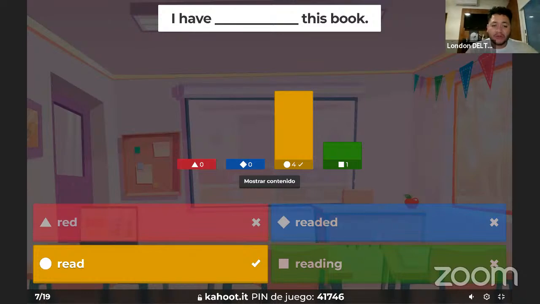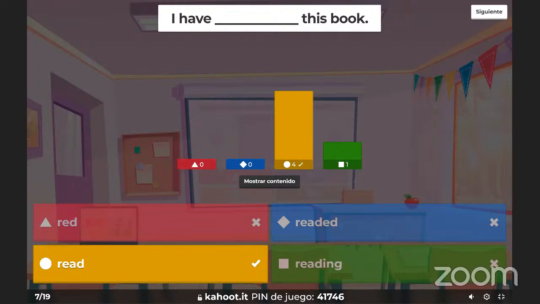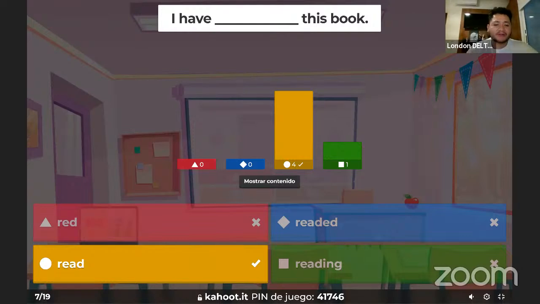Pero como tenemos I have read, what is the meaning of that? ¿Qué quiere decir I have read? Sería, yo estoy leyendo este libro. Eso sería I am reading. But I have read. I have read. He leído.